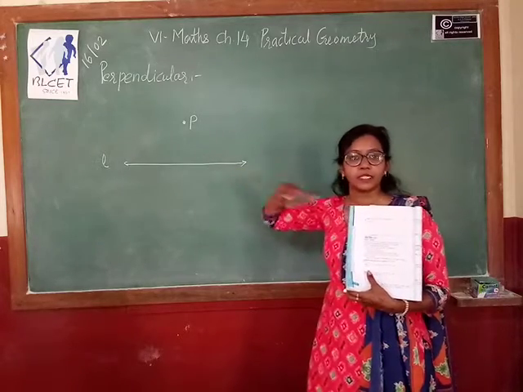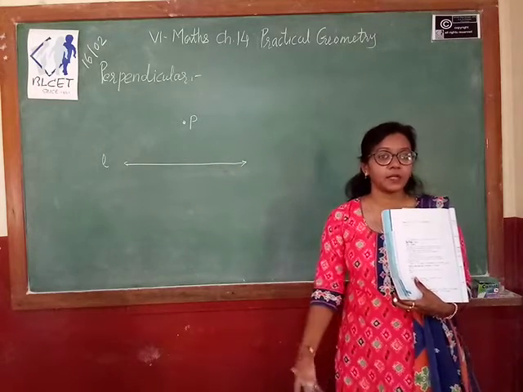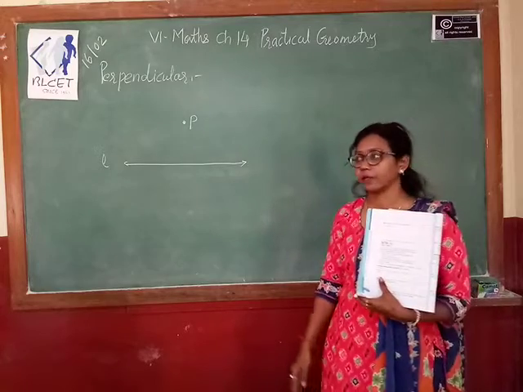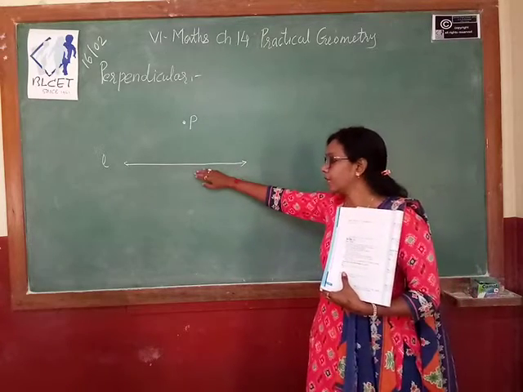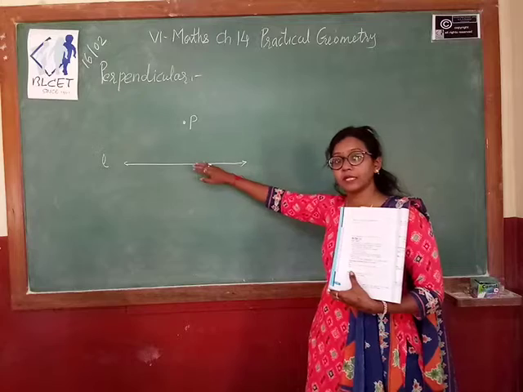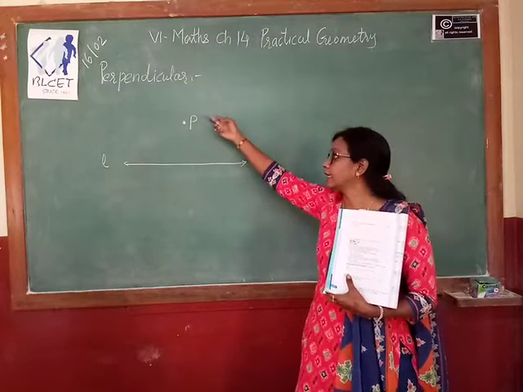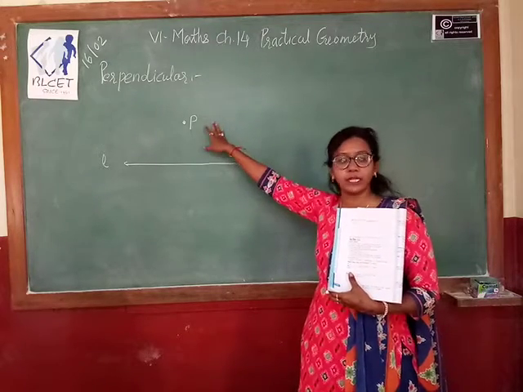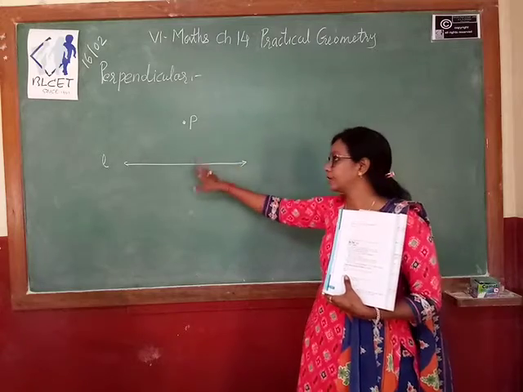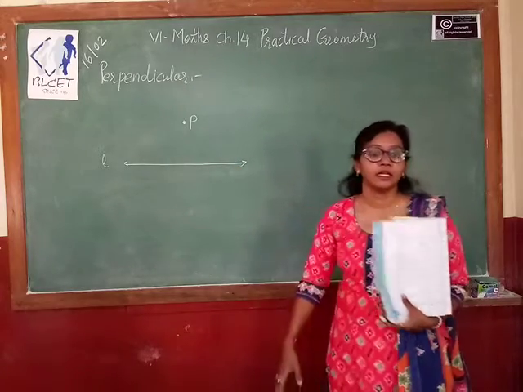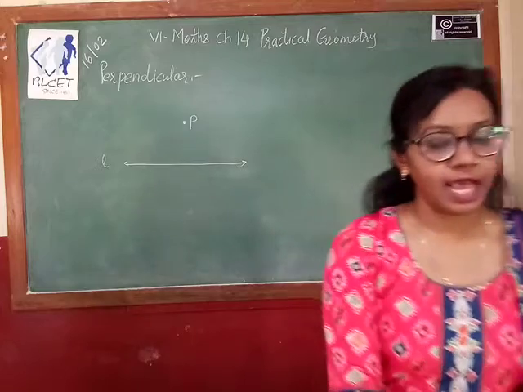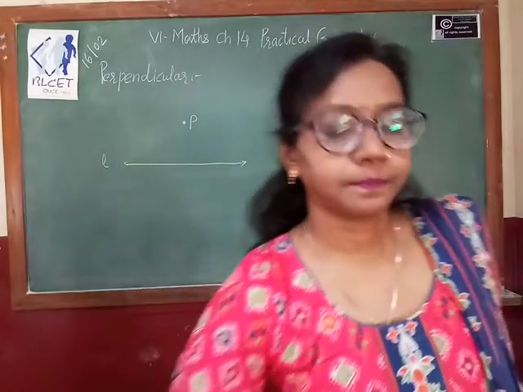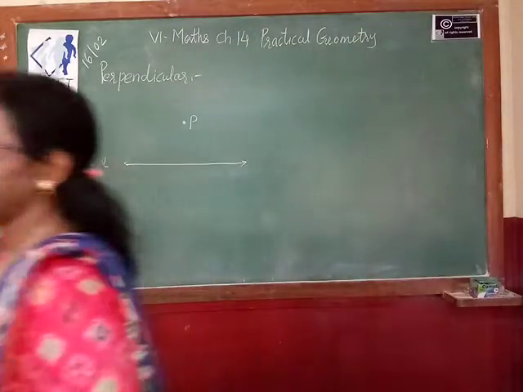And we use the set square, compasses and ruler to construct that perpendicular. Here, now we want to construct a perpendicular, but the point is outside the line, that is, it does not lie on this line, and we have to construct the perpendicular. How will you construct it? With the help of set square and ruler. Let's see.